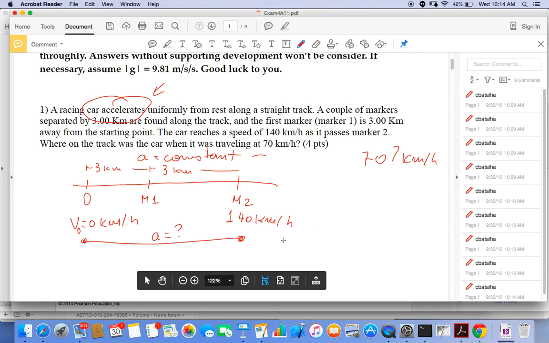You use Bernoulli. V final squared is equal to V initial squared plus 2a delta x. So this is 6 kilometers, right? And this is 0, and this is 140. So then you do your calculation.